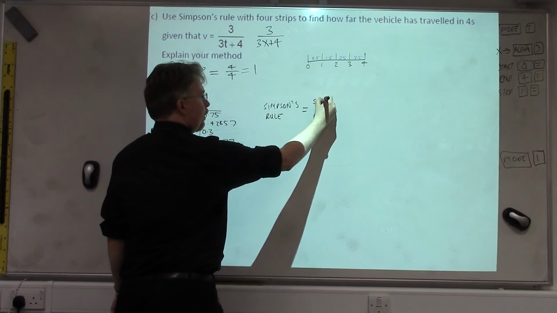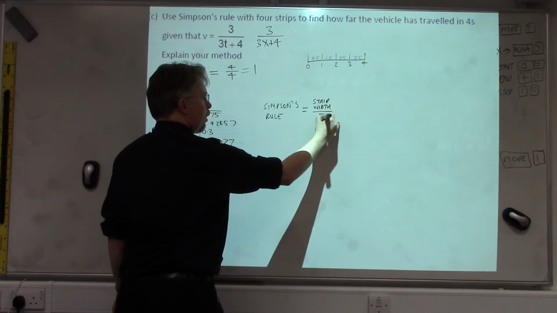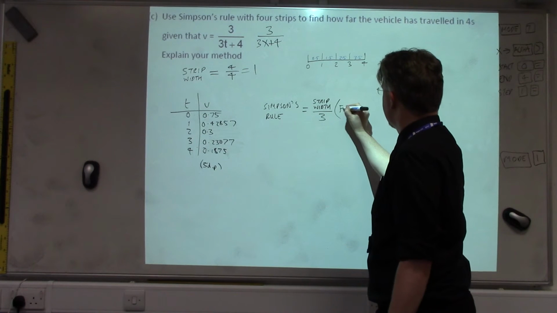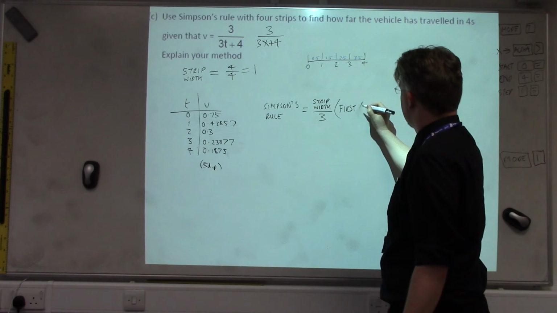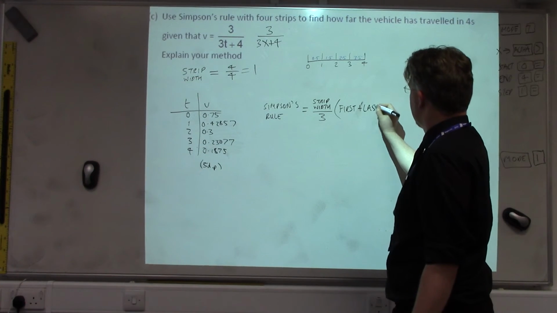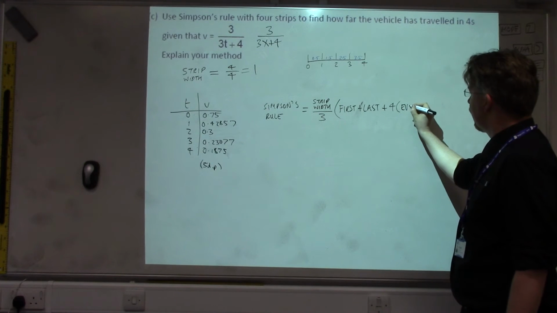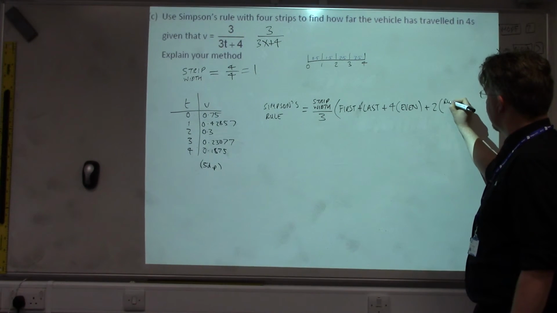So strip width, divide by 3. Open bracket, first plus last. Plus 4 times the even. Plus 2 times the rest of odd.